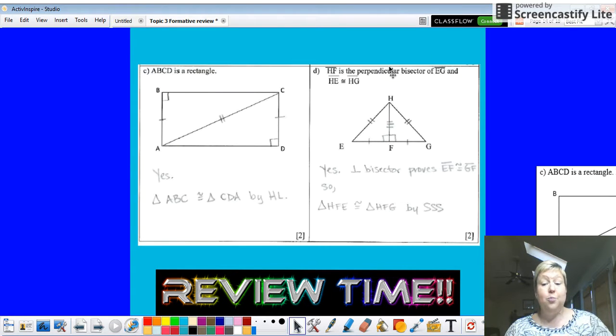Perpendicular bisector proves that EF is congruent to GF. So triangle HFE is congruent to triangle HFG by SSS. I could use the same reasoning and say that triangle HFE is congruent to triangle HFG by the hypotenuse leg theorem. They both work. Both answers will be correct on your test. Good job. Move on to the next question.